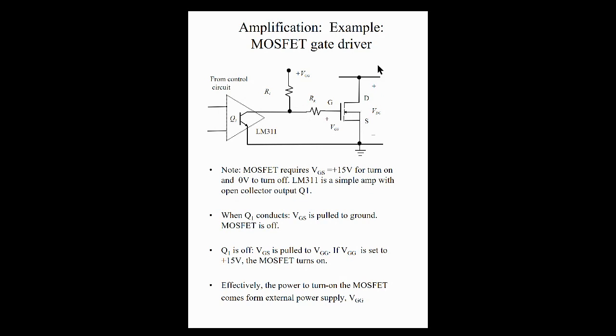However, when the output of our amplifier is off, we would have a voltage drop across the output, resulting in a voltage across the gate-source, and that could be sufficient to switch this power MOSFET on. So, a very simple drive circuit here.